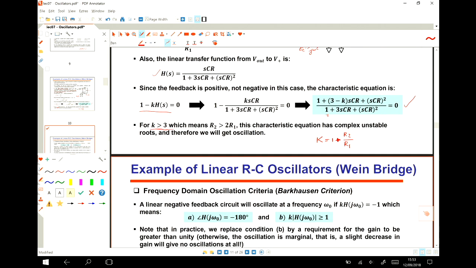And then based on this, and this is s equals to j omega, if we want to have any root for this equation to be in the unstable region, then we should have this 3 minus k, sorry, no, greater than 0.